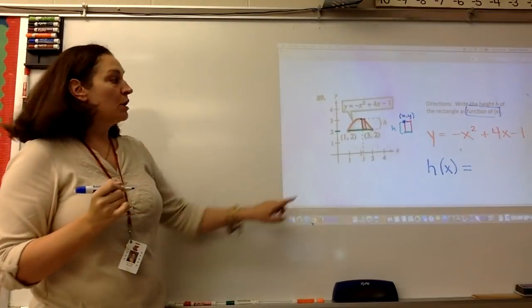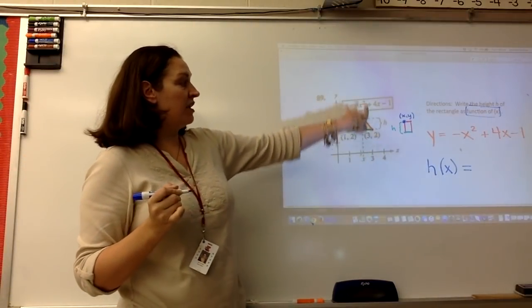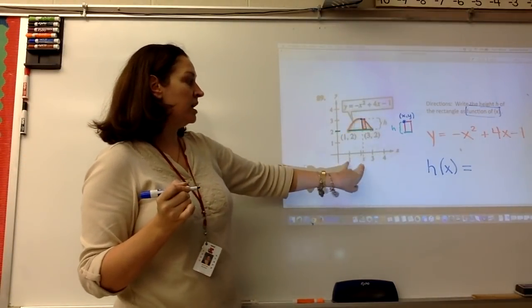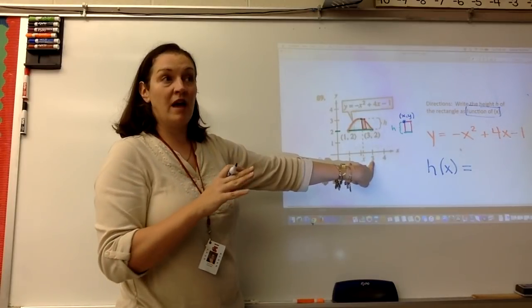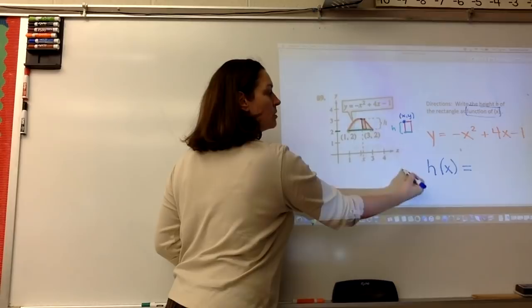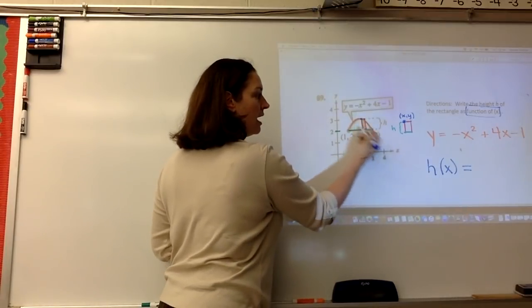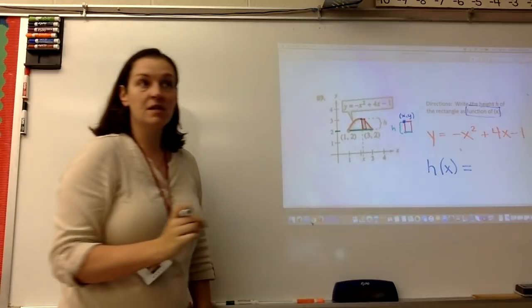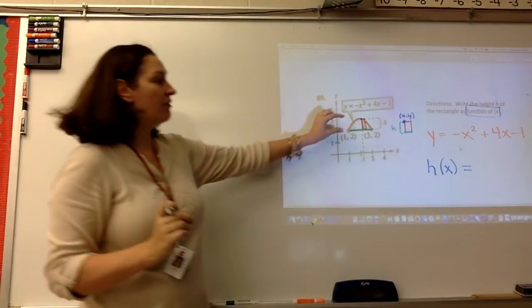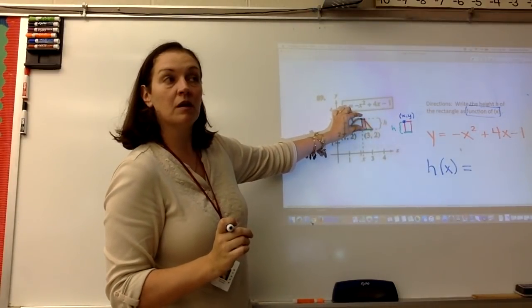What's interesting is that the parabola piece is only going to run between 1 and 3. That's what they've outlined for us. So while the parabola goes on forever to the left and to the right, we can only take the pieces from these two endpoints in order to have a height of our actual rectangle.